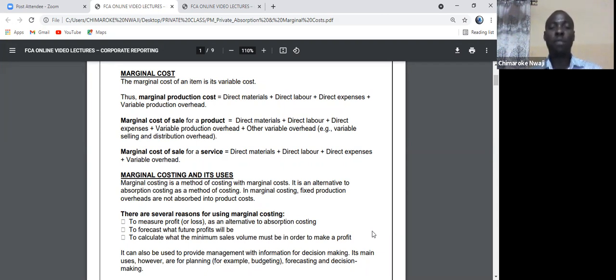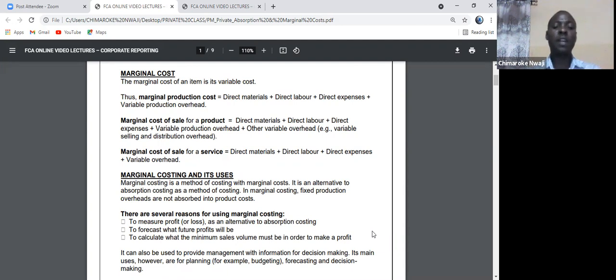You know, in absorption costing, we have both variable and fixed production overhead in the production costs. But in marginal costing, you will not include any fixed costs. And so the fixed production costs will not be included. And so what are some of the uses for marginal costing, despite the fact that we will not use fixed costs?